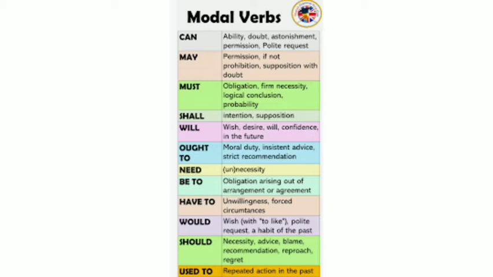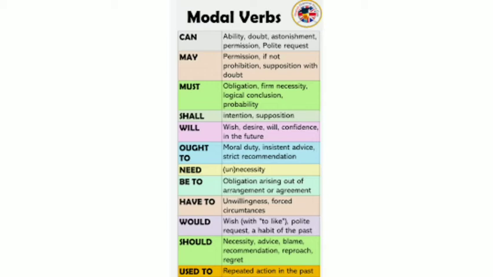Ought to shows the moral duty, strict recommendation. Need shows the unnecessary. Be to, obligation arising out of arrangement or agreement. Have to shows the unwillingness, forced circumstances. Would shows the wish, polite request, a habit of the past.